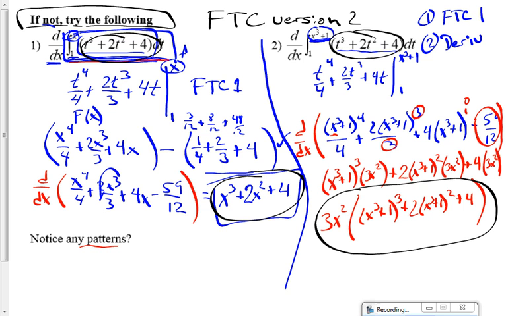What do you see? Take the derivative of the upper limit, the variable upper function, and put it in front. And you substitute the upper limit into the original function. Okay, do you see that a little bit?